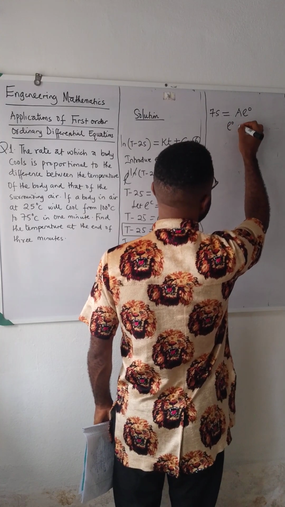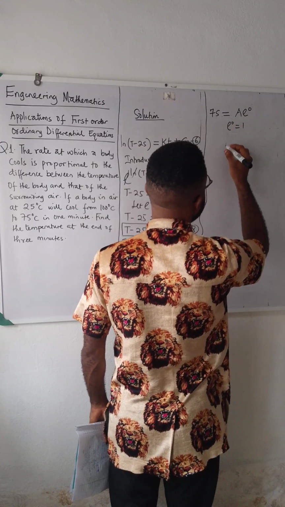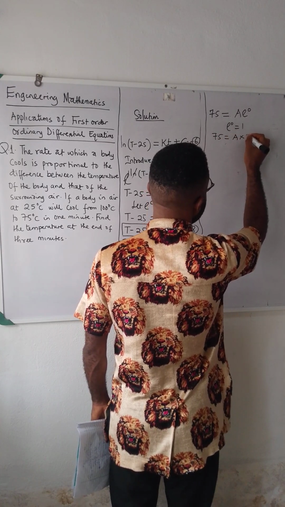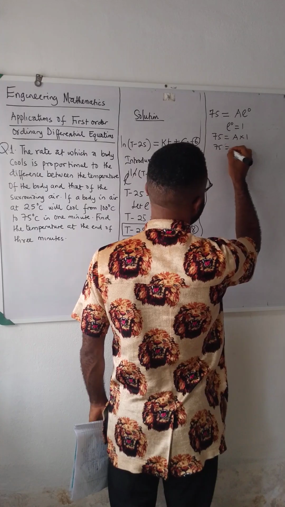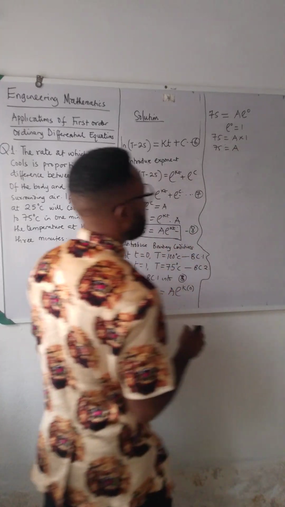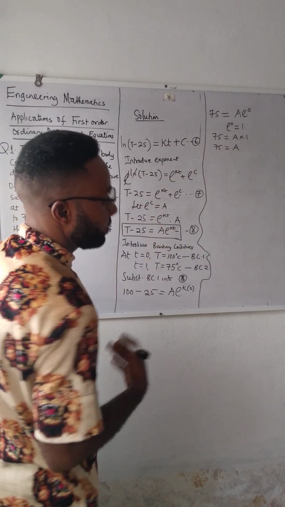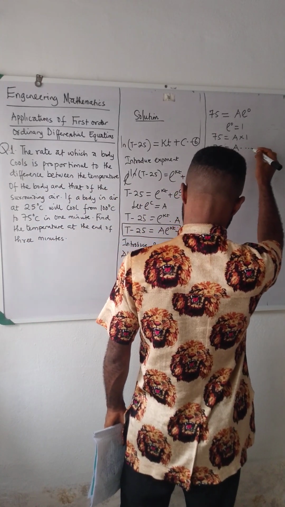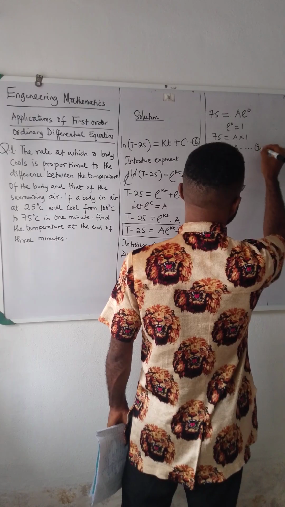But exponent 0, if we check in our calculator, is 1. So 75 equals A times 1. So our A is 75, and we can call this equation 9.